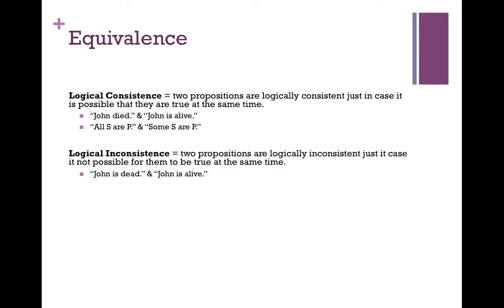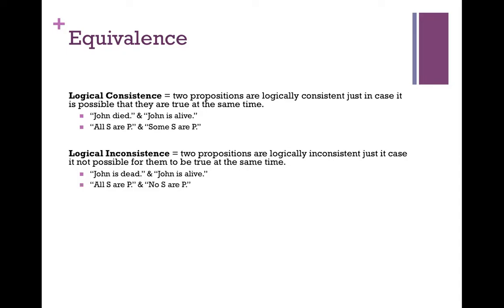Okay, well, now you're changing the propositions being asserted. Assuming that one of them means dead bodily and the other means alive bodily, so we're not changing the meanings, then these statements are not logically consistent. They cannot be true at the same time.